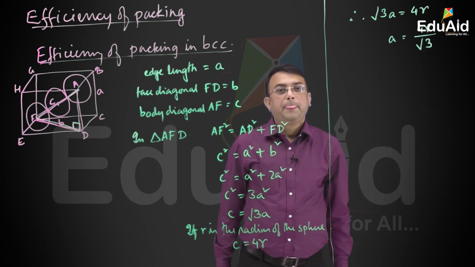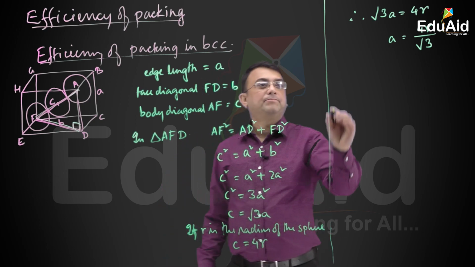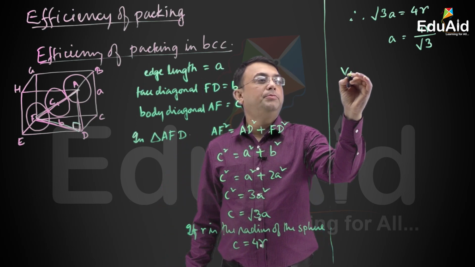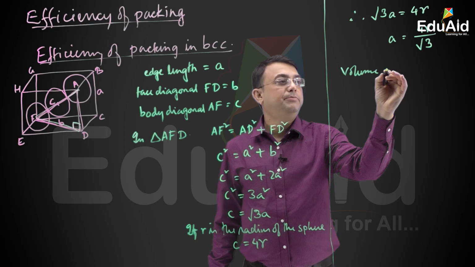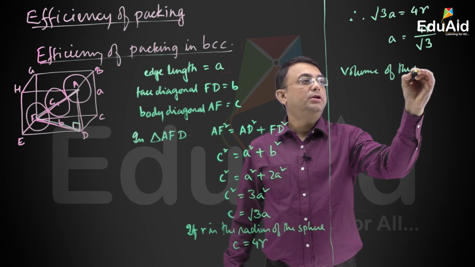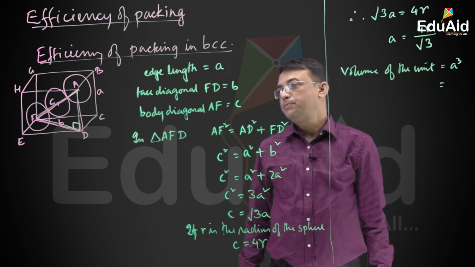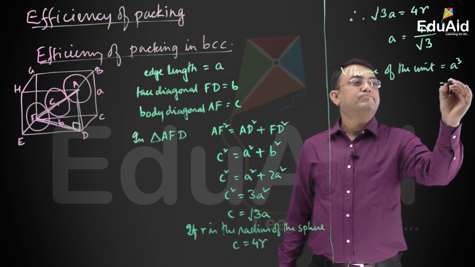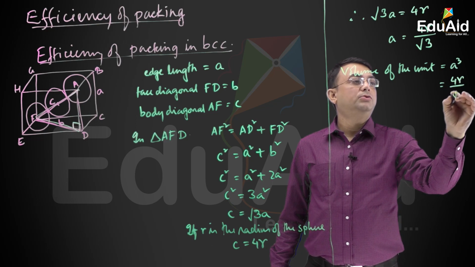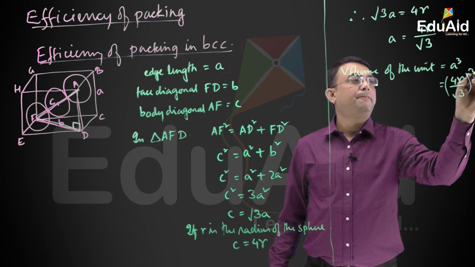Now in BCC, first we need the volume of the unit cell. The volume of the unit cell is that of a cube, which gives us 4R by root 3 whole cube.